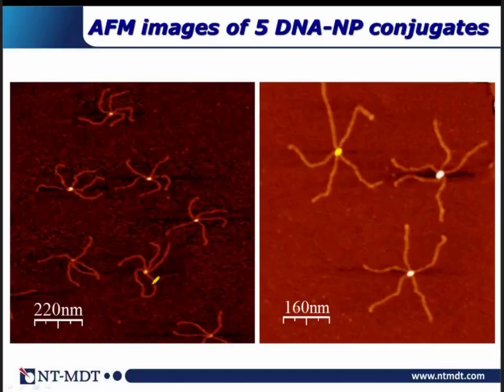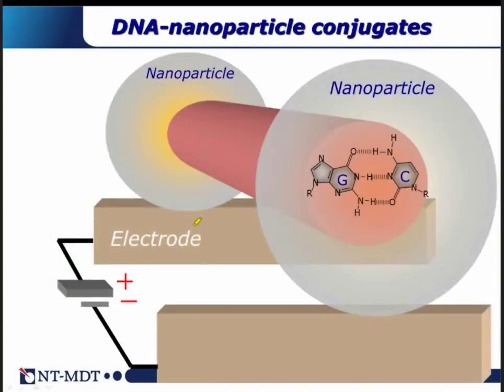You get a number of those structures. Well, they're funny, like sea stars. So again, you proved it, but you didn't reach the goal. We wanted to get the conjugate in which we have 2 particles connected to different ends of the DNA molecule, in order to further bring it to the electrodes and measure the conductivity of this conjugate, or in particular DNA.